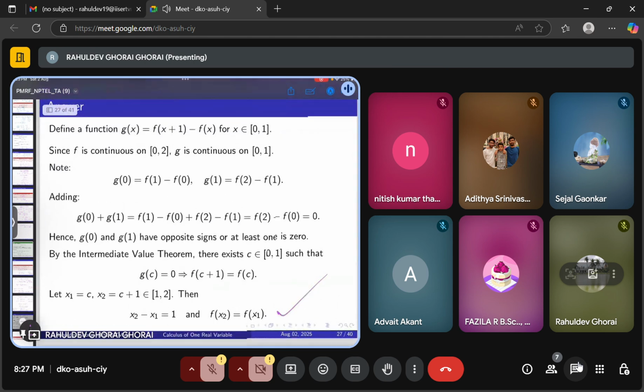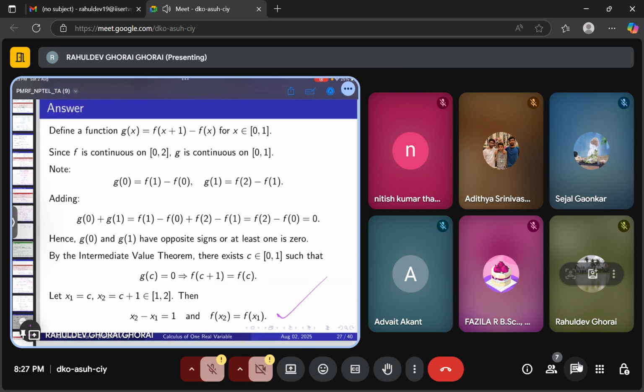I will keep it here maybe also, and you can once read it, and I'll just move after that. Okay, I think it's time to move, right?